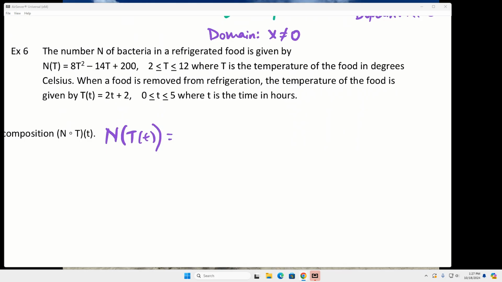What that means is I'm going to take what capital T of lowercase t is, which is 2t plus 2, and put it into the N function for both of those capital T's.